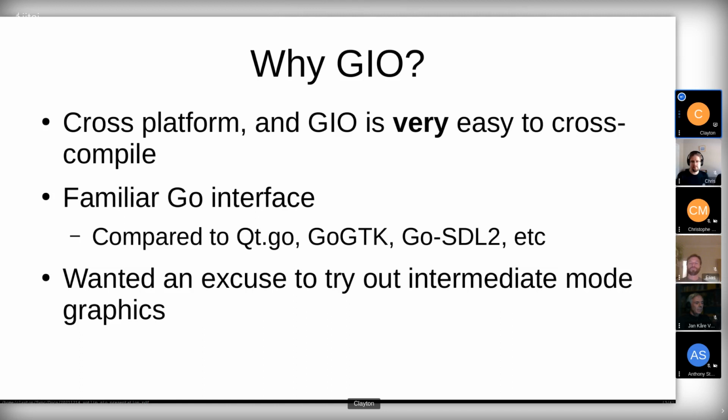And some of this stems from my experiences using other graphics libraries on Python, where using the Qt Python stuff or the piet-gpu stuff, it very much feels like it's just a C or C++ library that's bolted onto this language you're using. And that's kind of what these other Go GTK bindings and stuff felt like when I looked at them.